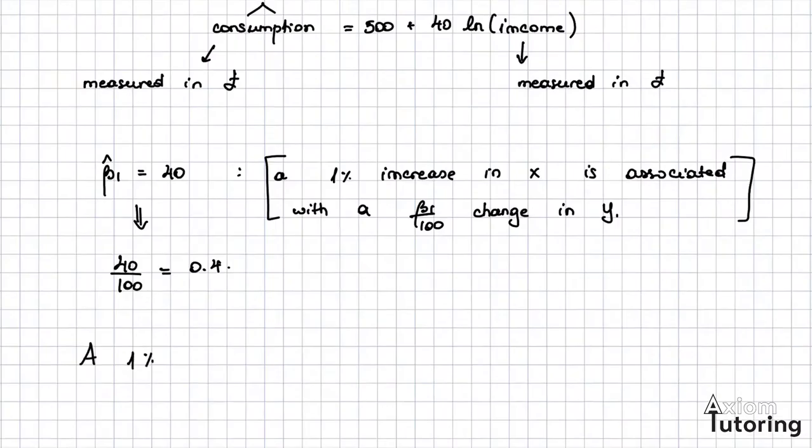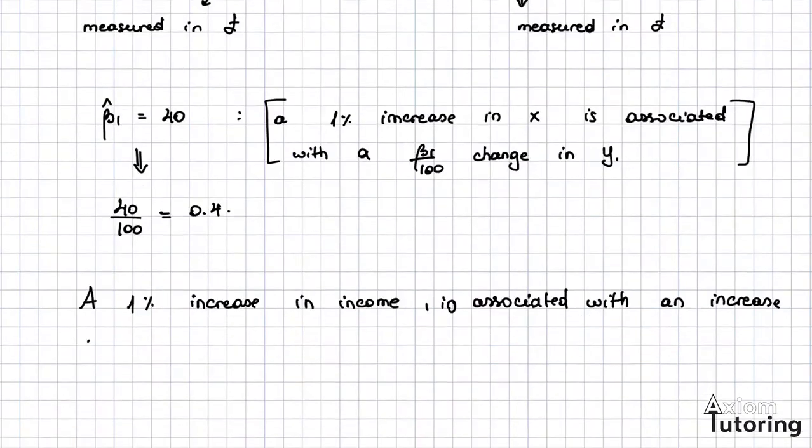So putting this in context and using the actual variables given to us, we say that a 1% increase in income is associated with an increase in consumption of approximately 0.4 pounds on average.